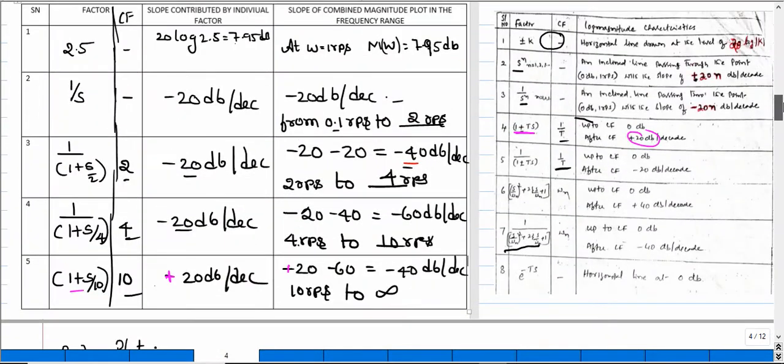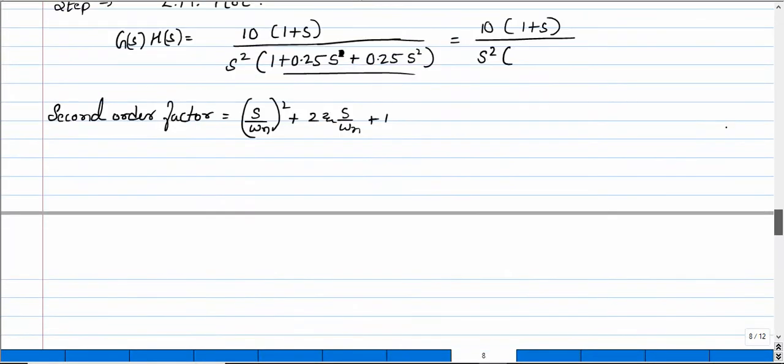For this second order factor, the corner frequency is omega n, it is omega n, not 1 by omega n.